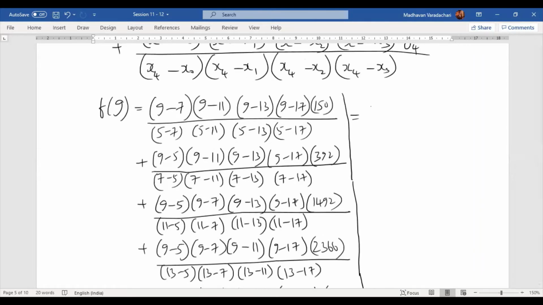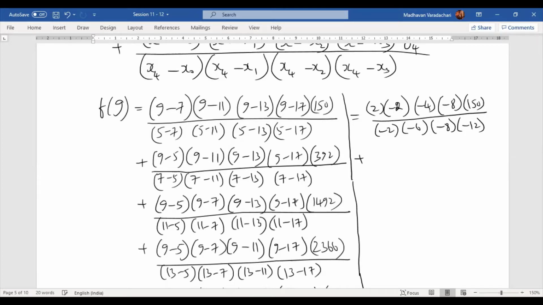This will be 2 into minus 2 into minus 4 into minus 8 into 150 divided by minus 2, minus 6, minus 8, minus 12. Let me recheck. 9 minus 7, 2.